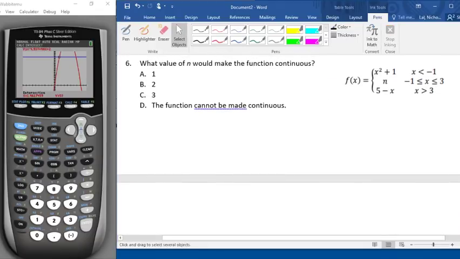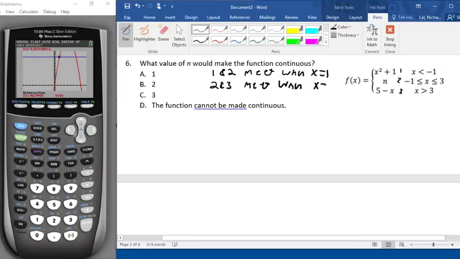What value of n would make the function continuous? So we're going to call this piecewise function 1, 2, and 3, and so piecewise functions 1 and 2 meet when x equals 1, and 2 and 3 meet when x equals 3.